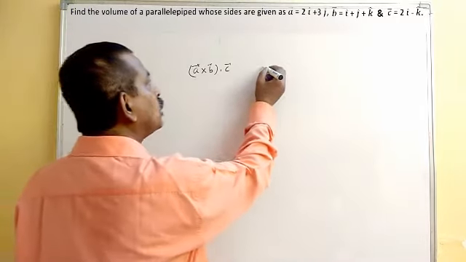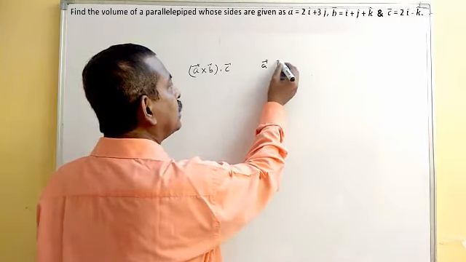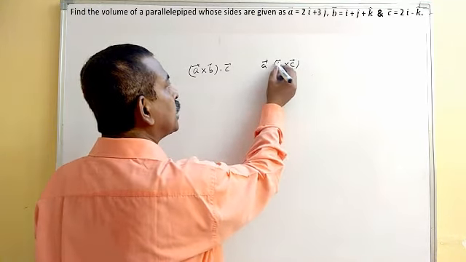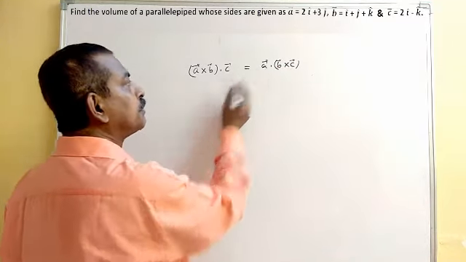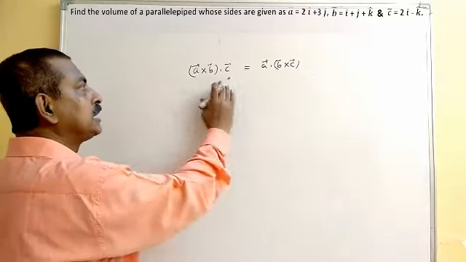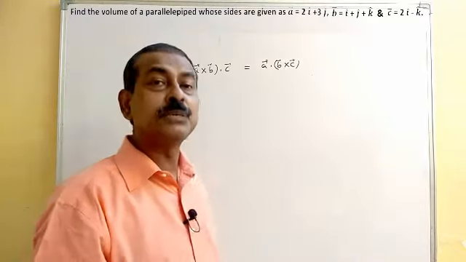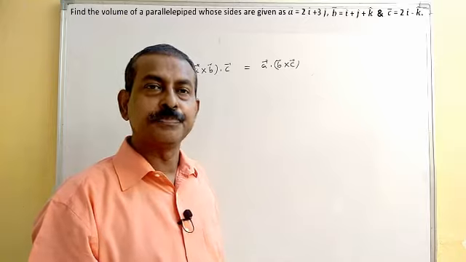Or you can take vectors B and C, whose cross product we are taking, and we are taking the dot with vector A. So this is basically a scalar triple product. Why does it give the volume of a parallelepiped?